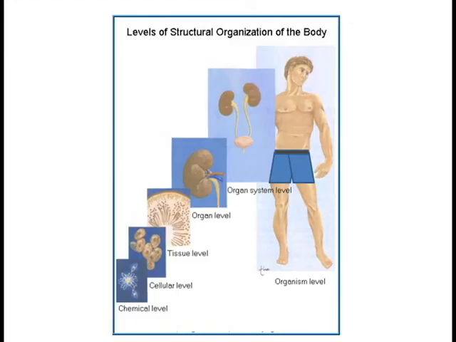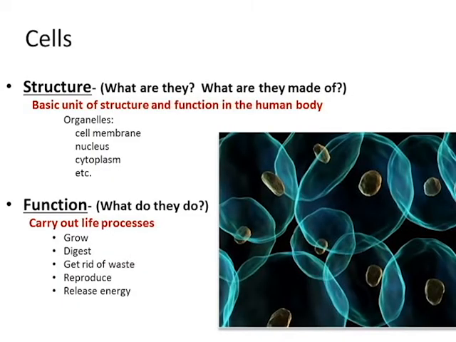All right, here's another diagram that talks about the levels of organization in the human body, but it goes a little bit further. It talks about the chemical level, cellular level, tissue level, organ system, and organism. Again, we have talked about cells quite a lot. But remember, we had those terms structure and function, right?